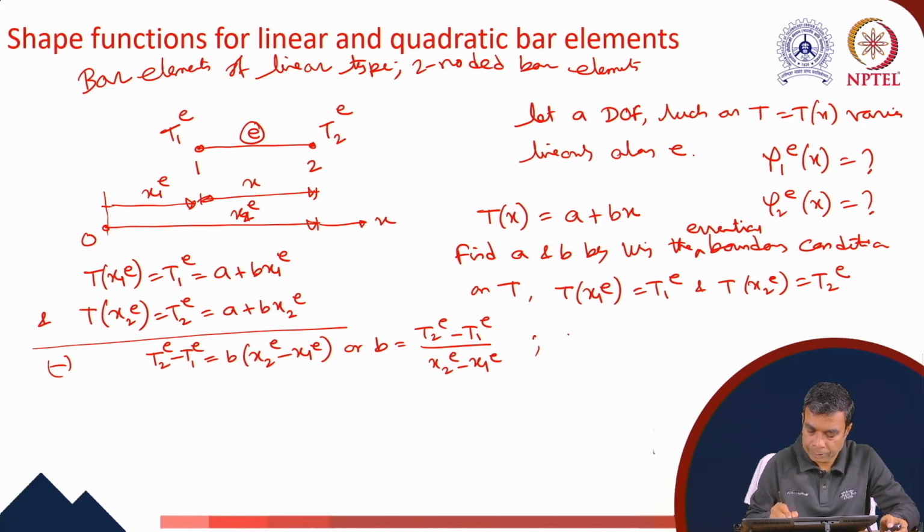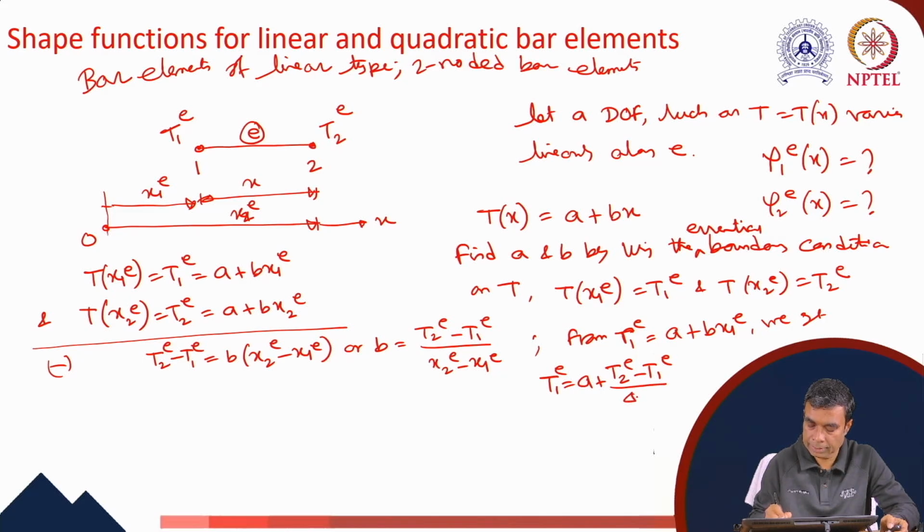So using T1e equals A plus B x1e, we get T1e equals A plus B, meaning (T2e minus T1e) by delta x into x1e.